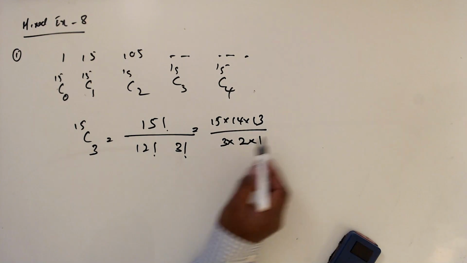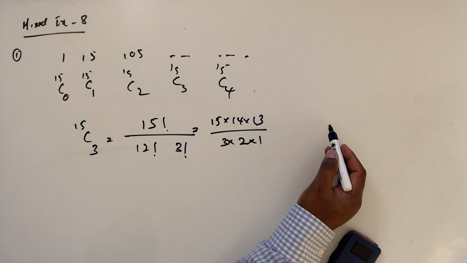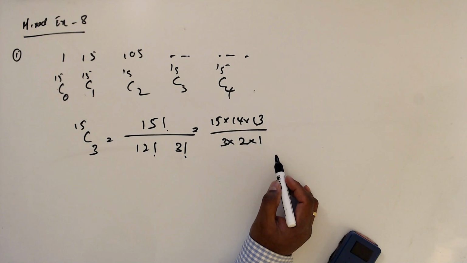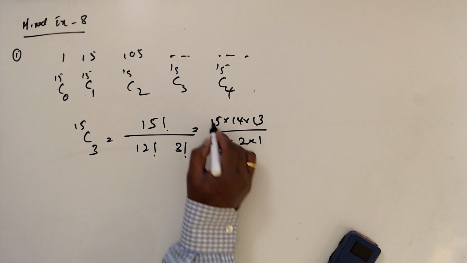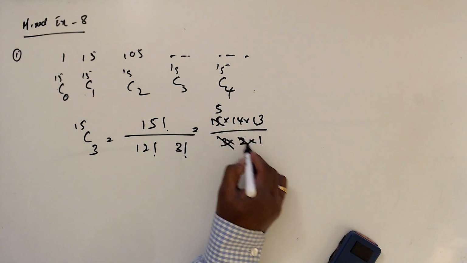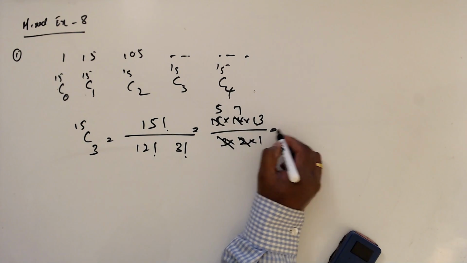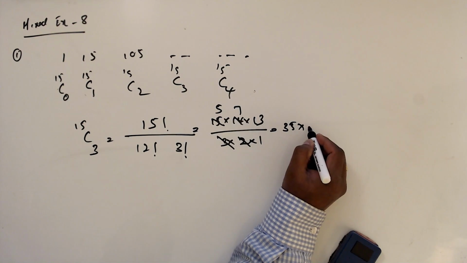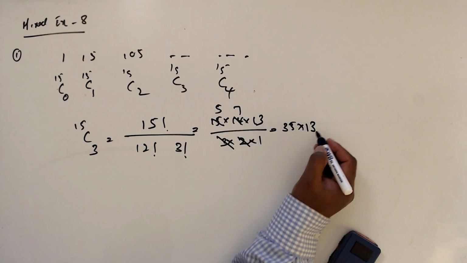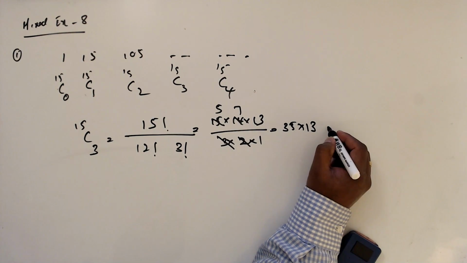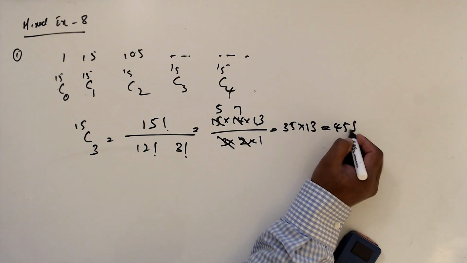The factorial 12 cancels out with the rest of the 12. This is 3 and this is 5. This is 2 and this is 7. So 35 times 13 is going to be 455.